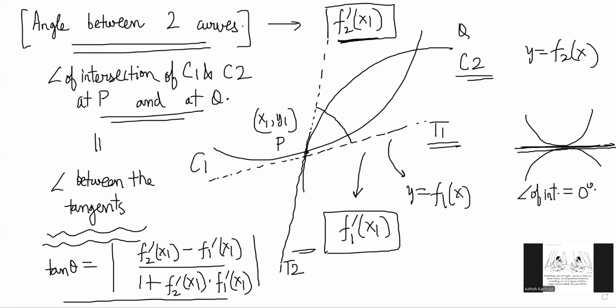Is everyone following what I'm saying? Yes, sir. This is the way in which you find the angle of intersection between the curves. Many times the question becomes difficult because you first have to find the intersection point. Unless you find the intersection point, it will be difficult to find the angle of intersection.